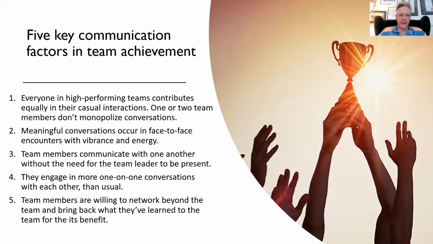The team members themselves feel comfortable networking, and they build up their alliances with their stakeholders in other parts of the organisation. But in mediocre teams, there's a tendency for them to think that the team leader is the person who is responsible for building good stakeholder relationships. And that's not the case, because really, let's face it, there are people in your teams who actually have better understanding and better relationships with other people outside the team. And let's face it, teams will not function very effectively without good stakeholder management.